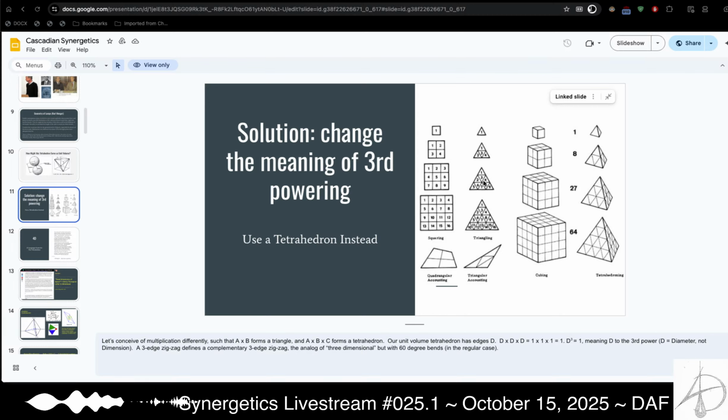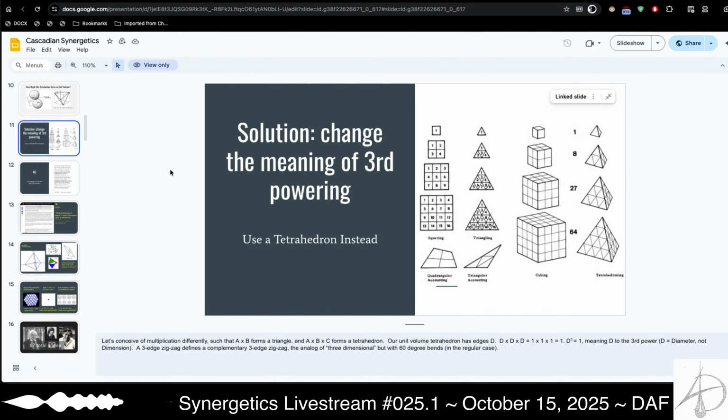It's actually a feature of counting the cells in a triangular graph paper. So we could think about squaring as being quadrangular accounting, whereas triangling would be triangular accounting in the second power setting. In the third power setting, we have cubing. We can also talk about tetrahedroning because it exactly works the same way. So some of the properties that are commonly positively associated with the cube turn out they're also just associated with space overall.